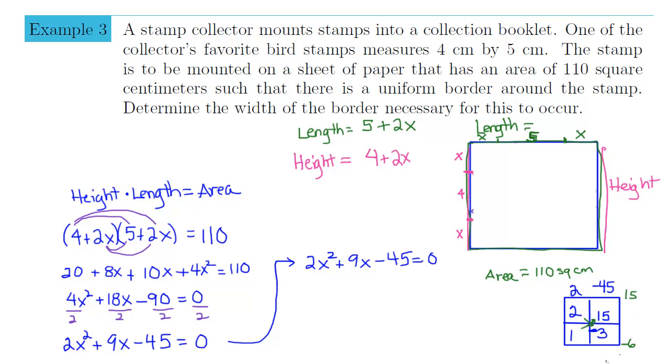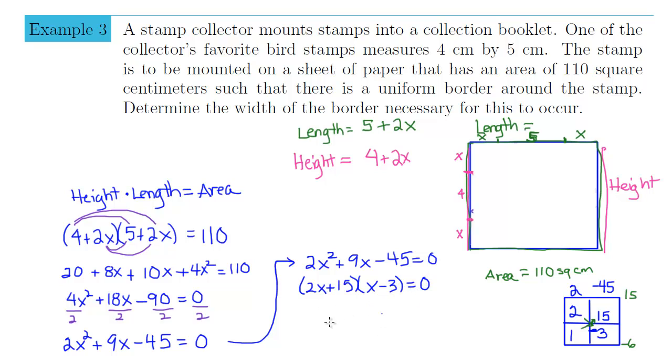And when I add those together, that gives me the middle coefficient I'm looking for. So this box factors this polynomial for me. The first factor is determined by the first row, 2x plus 15. The second factor is determined by the second row, x minus 3.